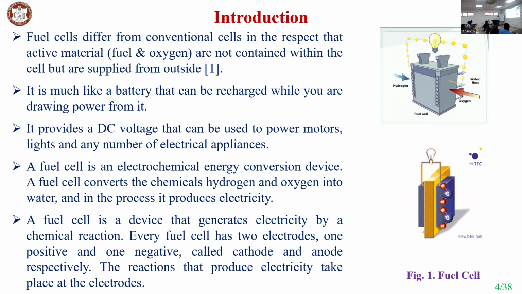Suppose in an automobile you use this fuel cell as the primary energy source, ultimately at the exit you are going to get only water. Then the current generated is going to be used for running the vehicle.